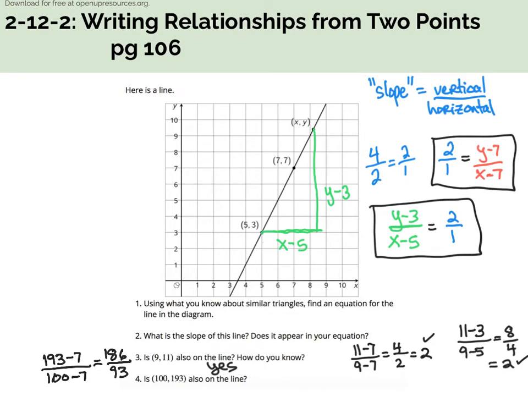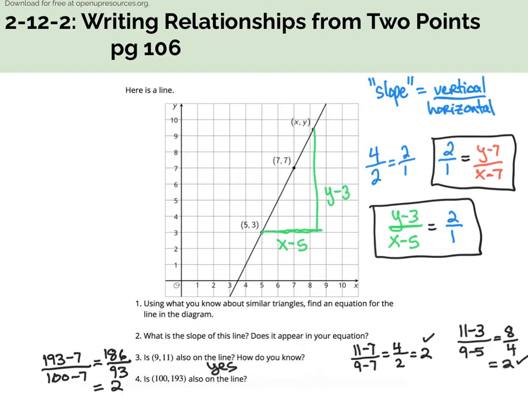And if we actually do 186 divided by 93, that answer is 2. So is (100, 193) on this line? Yes, it is. It works.